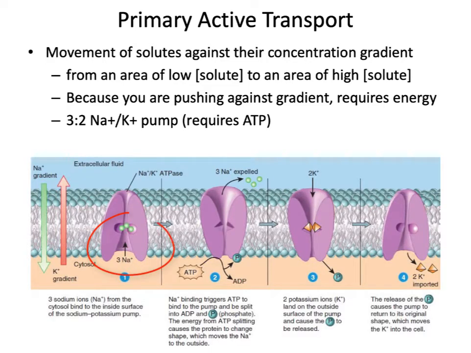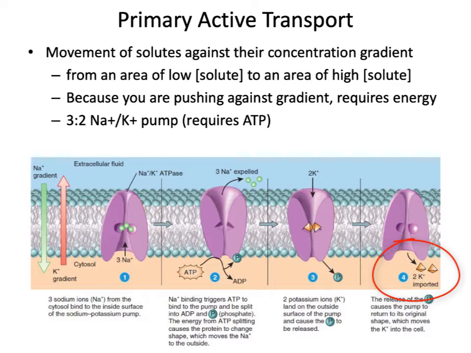This pump takes 3 atoms of sodium from inside the cell and uses the energy stored in the third phosphate bond in ATP to change the carrier protein and push sodium ions against their gradient outside of the cell. Then 2 atoms of potassium will bind to the pump and be brought inside the cell against its gradient.